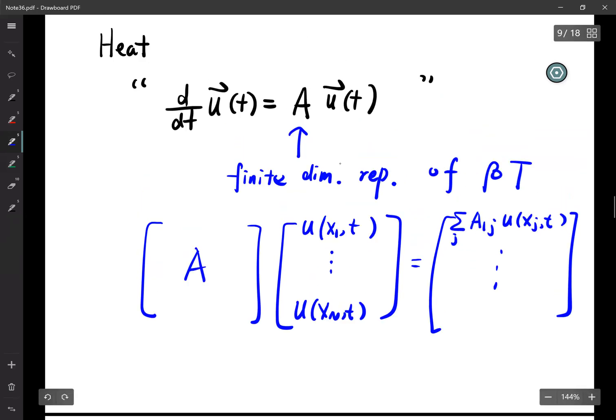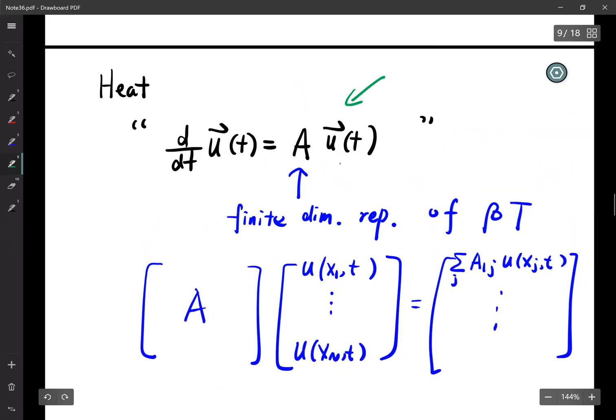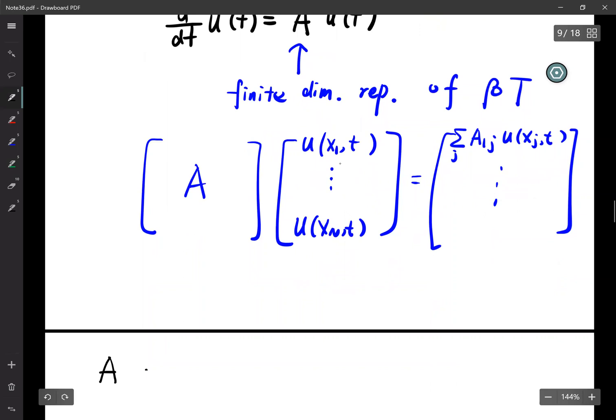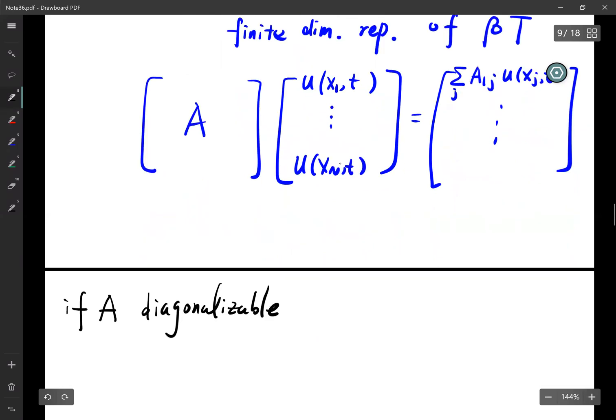Okay, so what is this? This is really what we just learned in chapter 9. So in particular, if A is diagonalizable, and with an eigenvalue, let's say called lambda, and corresponding eigenvector called v, then immediately we have u(t) equal to exponential lambda t times v is a solution.